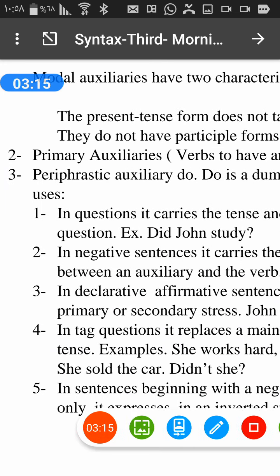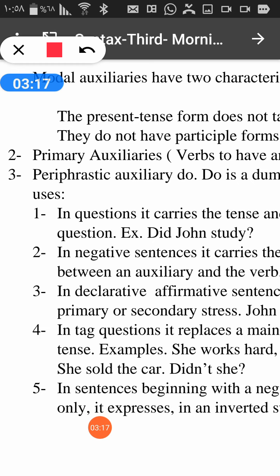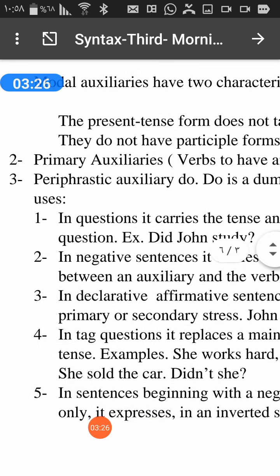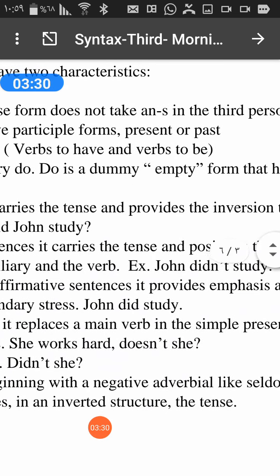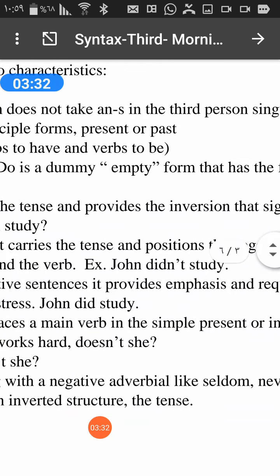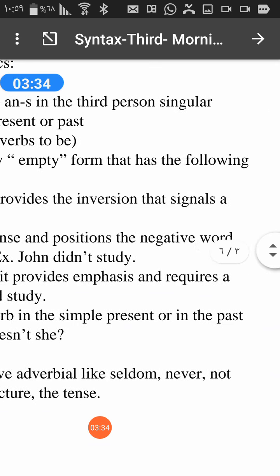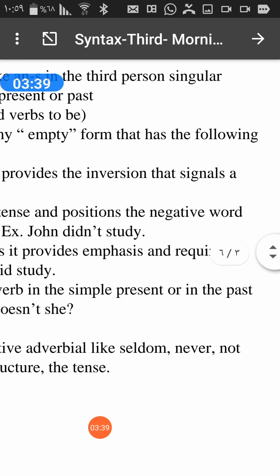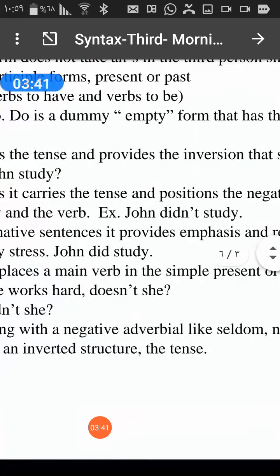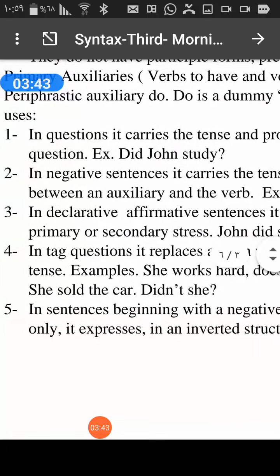So what are the uses? ما هي استخدامات الفعل المساعد do? First of all, أولا, in questions في حالة الأسئلة, it carries the tense, يشير إلى زمن السؤال, and provides the inversion, ويعمل لنا قلب الجملة من جملة خبرية from a statement into a question إلى سؤال that signals a question.